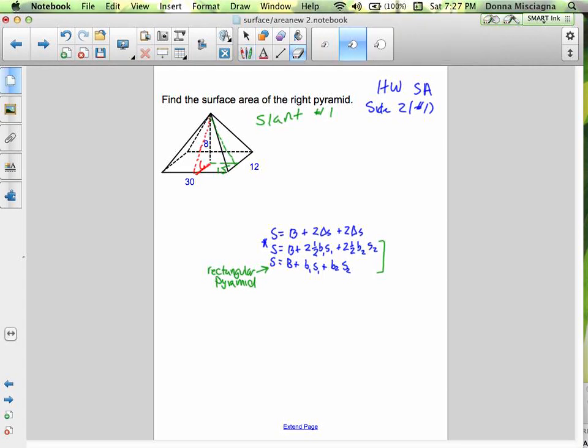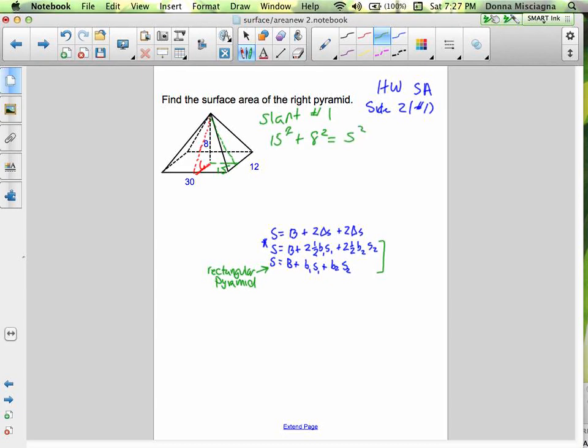It's all over the place. I had oriented it probably because I couldn't see it right. It still looks uphill, but that's good enough. So that's going to be the half a side, but this time the half a side is 15. So 15 squared plus the height, which is 8 squared, is going to give us the slant squared.